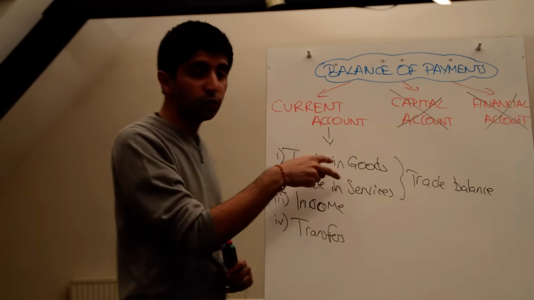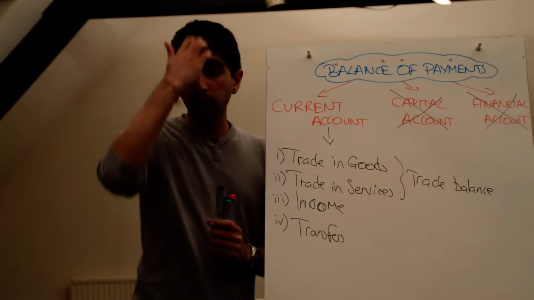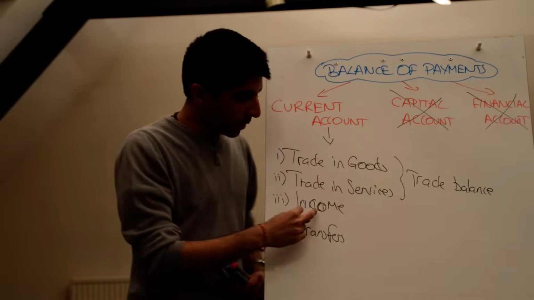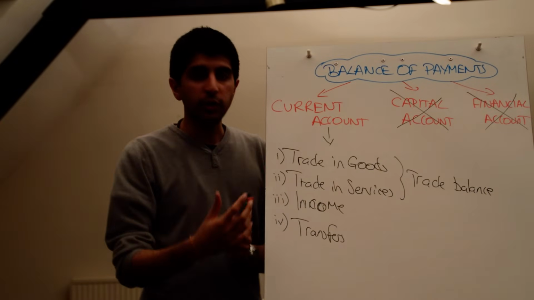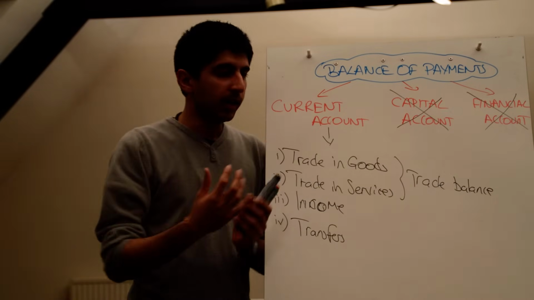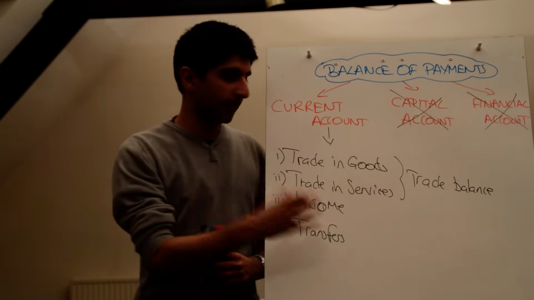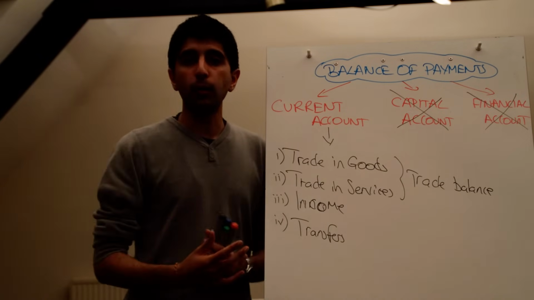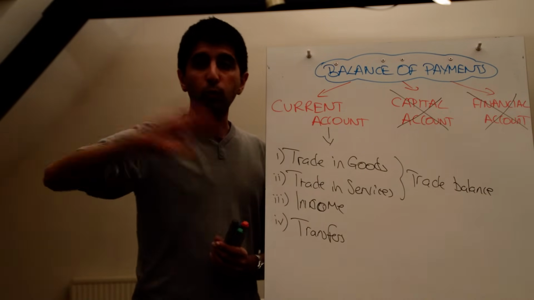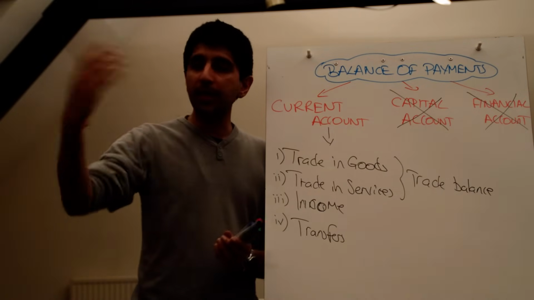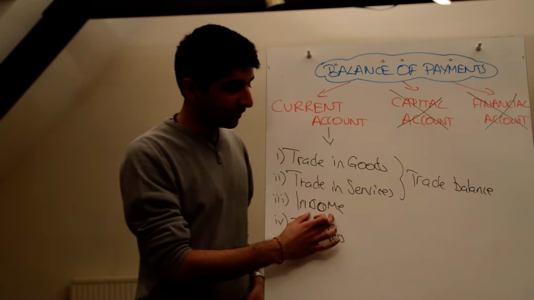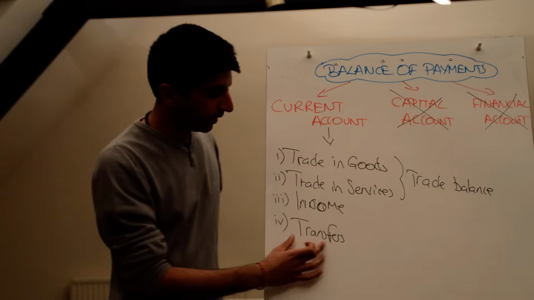Whilst these 2 measure the export and imports of goods and services, we have the income part of the account, which measures flows of income, income entering the country or income leaving the country. So remittances are a good example of this. When, let's say, a UK worker goes abroad and works abroad and earns income, if he then brings that income back to the UK, that's going to be a positive on the current account.